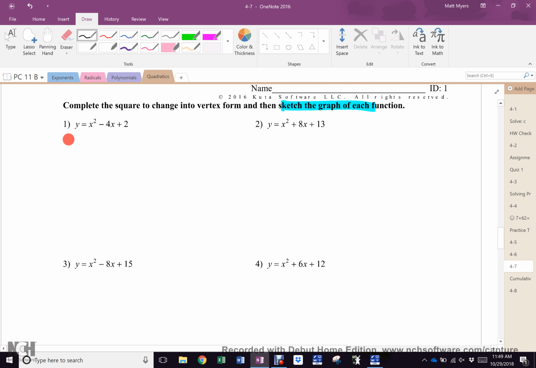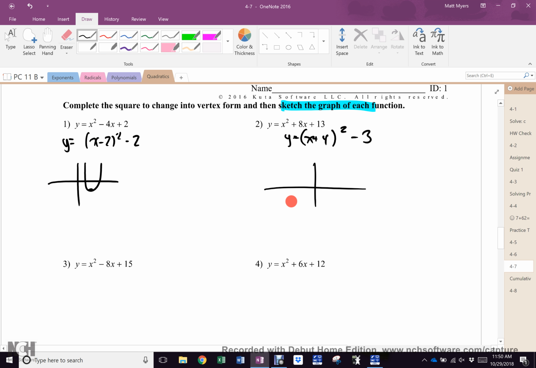So, this is y equals x minus 2 squared minus 2, which of course looks like this. Out 2, down 2. Whoop! This is y equals x plus 4 squared minus 3. So it looks like this, negative 4, negative 3.